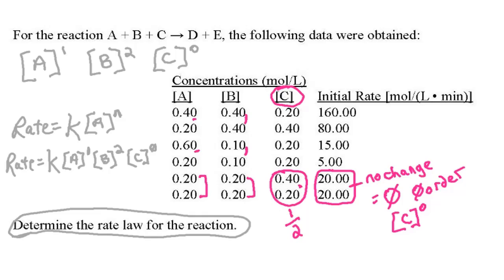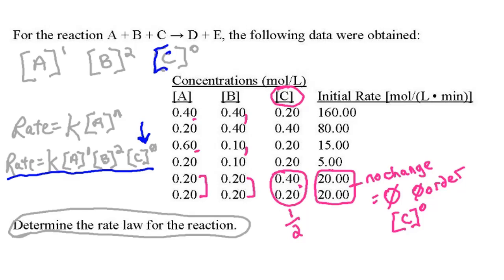Now the next thing that we can do is we can analyze this rate law that we just wrote, because look at this C to the 0 order. What is C to the 0 power? Anything in the world to the 0 power is 1.